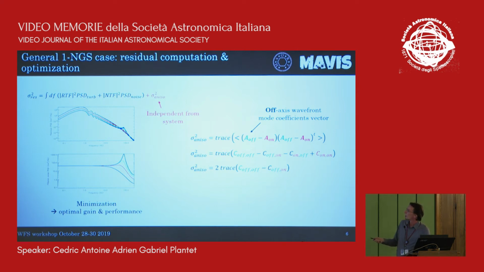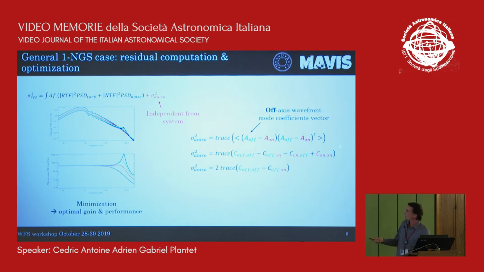A first assumption that you can make is that it's independent from your AO loop. And you can use the statistics of the turbulence to estimate it.